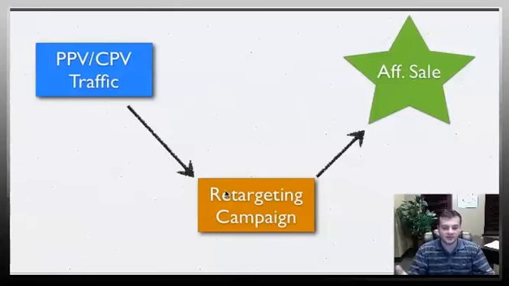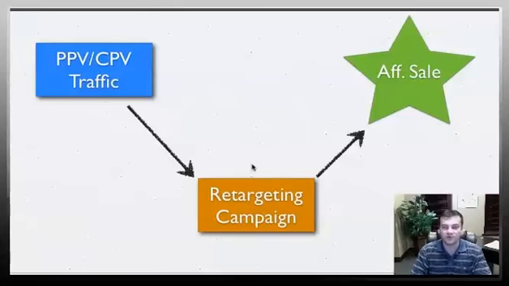Again, I showed you how to create that list a couple videos ago. So you're going to be building your pool of people that you're going to follow everywhere they go online. When you follow those people, they're going to come back to your site for very, very cheap.